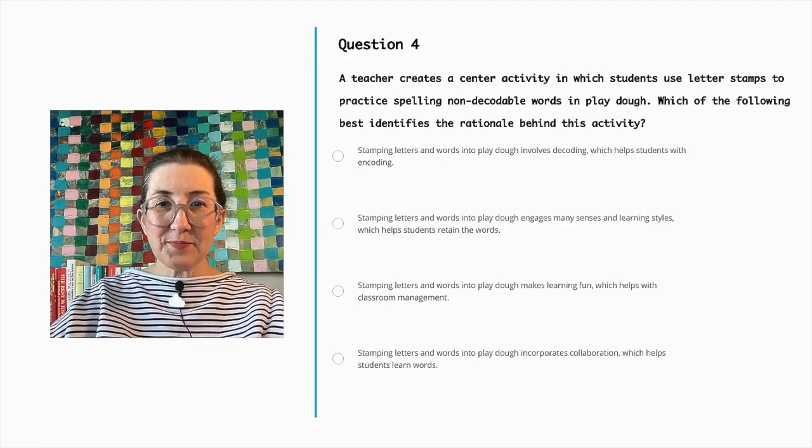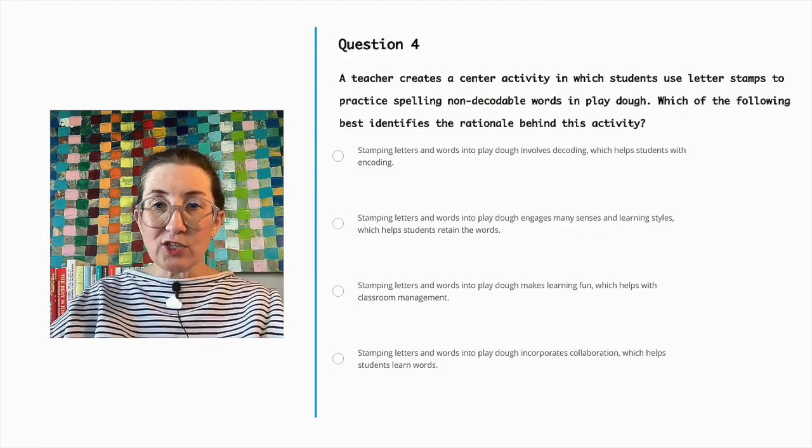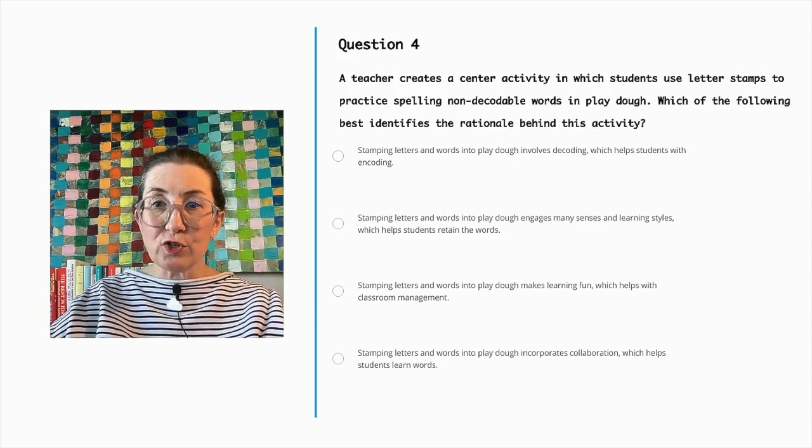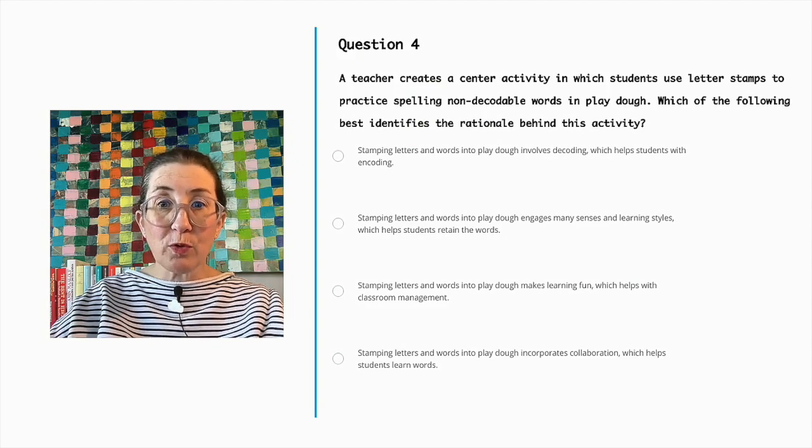Question number 4. A teacher creates a center activity in which students use letter stamps to practice spelling non-decodable words in Play-Doh. Which of the following best identifies the rationale behind this activity? Stamping letters and words into Play-Doh involves decoding, which helps students with encoding.